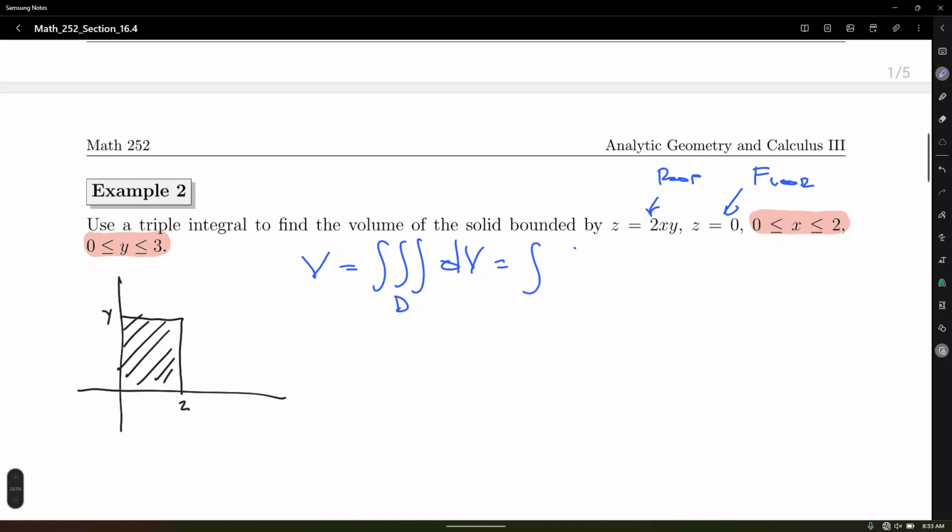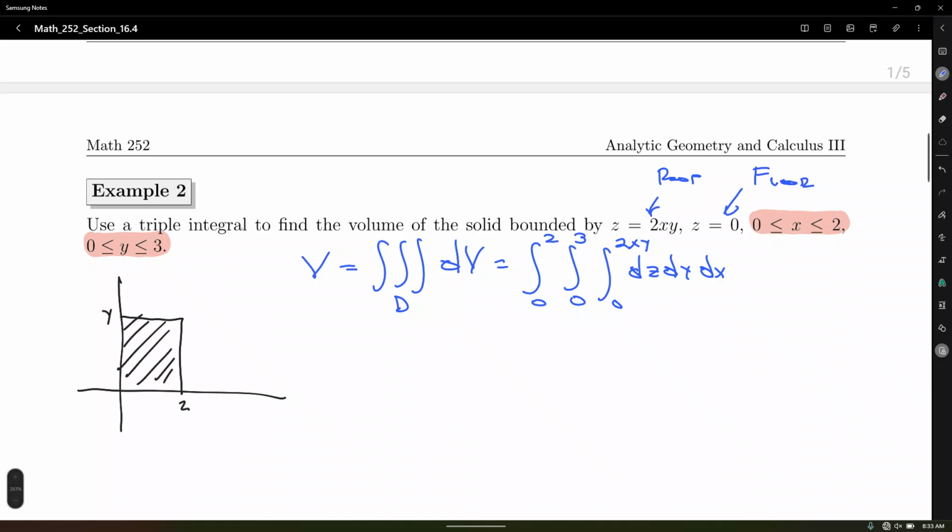Well, we're ready to iterate these triple integrals. So dz, dy, dx. Let's go about limits of integration: with respect to z, 0 to 2xy, and then with respect to y, 0 to 3, and 0 to 2 with respect to x. I think this integral is ready to be evaluated.